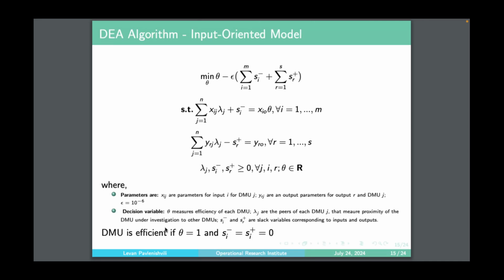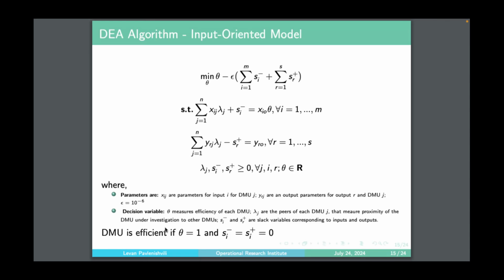Okay. And then what we have here is basically we are trying to somehow weight every input for all the units, so that I get a measure of theta and slack variables. Okay.